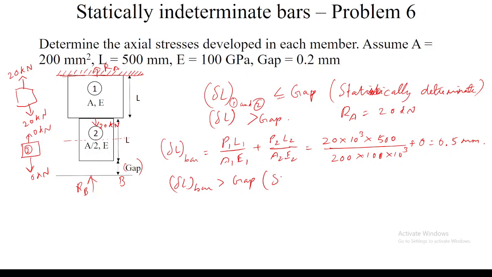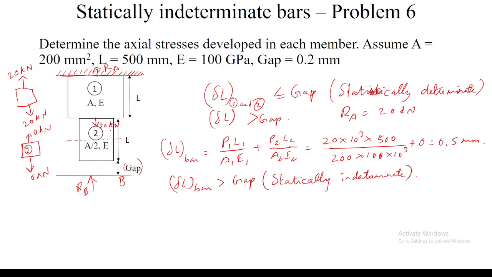Yeah. So since delta L of bar is greater than the gap, this will be a statically indeterminate member. So there is a reaction which is termed as RB. Okay. So what should I do? The net axial load which is acting is 20 kilonewtons, right?